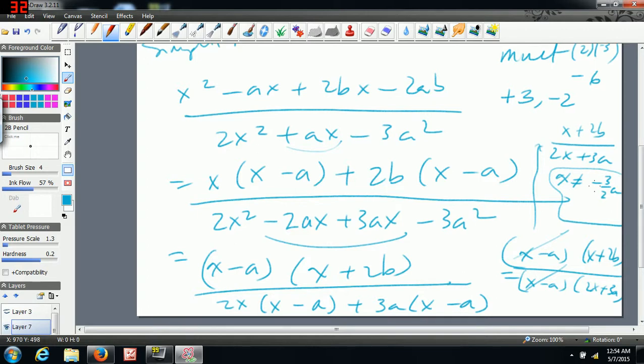So x cannot equal negative 3 over 2a, and also a cannot equal negative 2 over 3x. Because if I plugged negative 2 over 3x into a, the 3's would cancel out and I'd be left with negative 2x, and 2x plus negative 2x would give 0 as well. So those would be your two restrictions on your denominators.